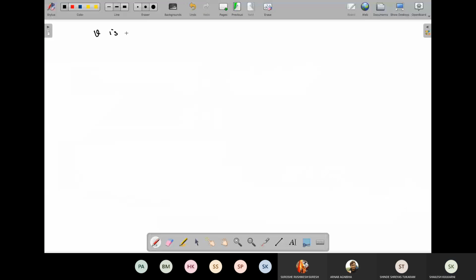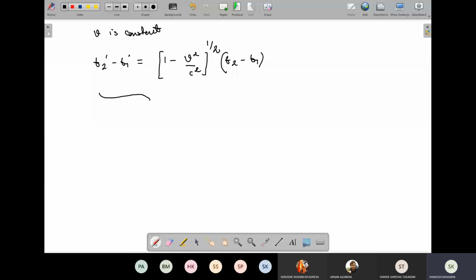Then t2 prime minus t1 prime is equal to the square root factor, 1 minus v squared over c squared, which I can pull outside of the integral, times t2 minus t1. See, this factor is always less than 1. So t2 prime minus t1 prime is always less than t2 minus t1.